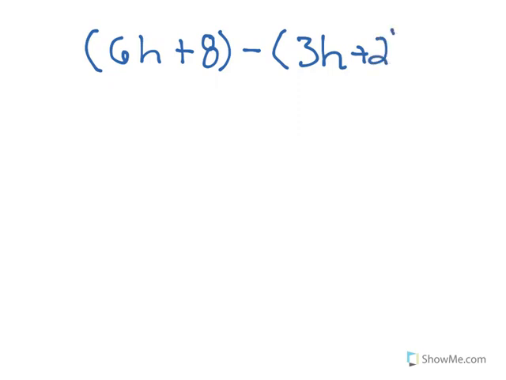Parentheses 6h plus 8 and parentheses minus, start another set of parentheses, 3h plus 2 and parentheses equals 15. Cool. I like how you read that. It's really clear. All right, tell me what you're thinking.